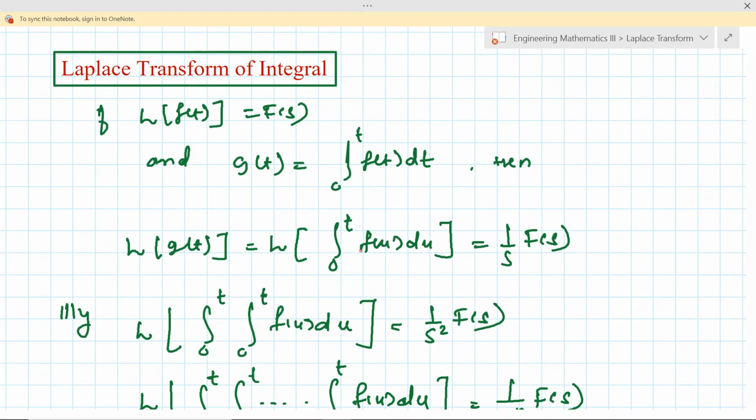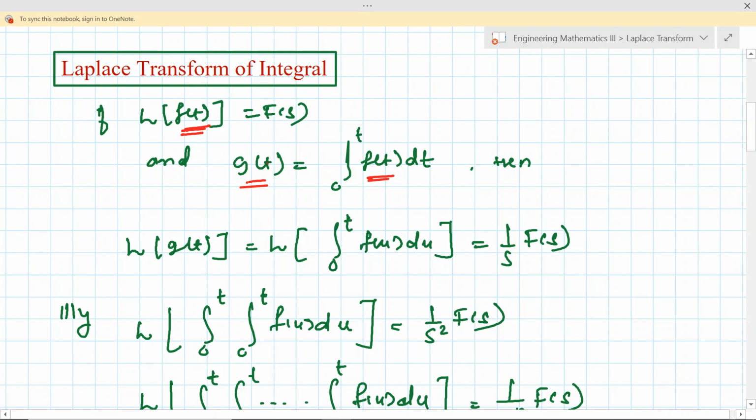What is the Laplace transform of an integral? Suppose Laplace of f of t is equal to F of s. Define a new function g of t as the integration of f of t from 0 to t, so g of t is the integral of f of t.